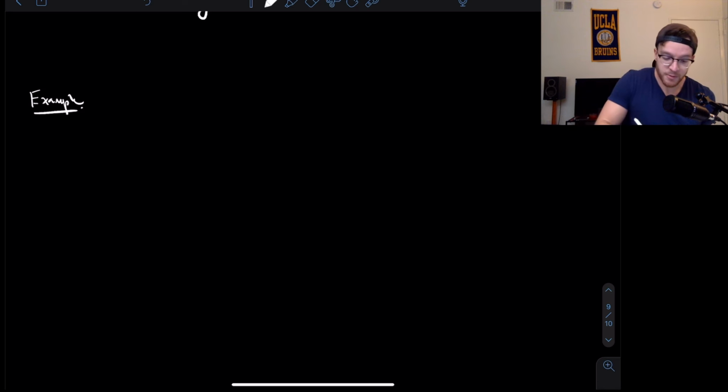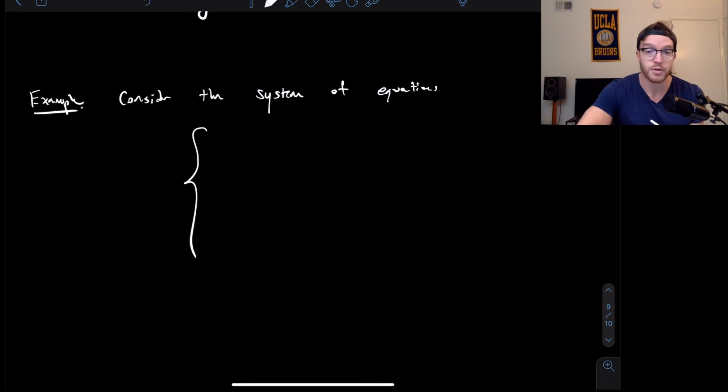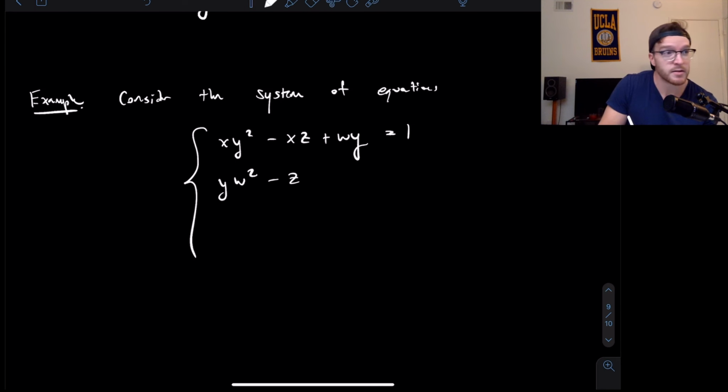Okay, so this time I want to consider a system of equations. I'm going to have 3 equations, and there are going to be 4 variables. So let's do xy squared minus xz plus wy equals 1. yw squared minus z equals 0.